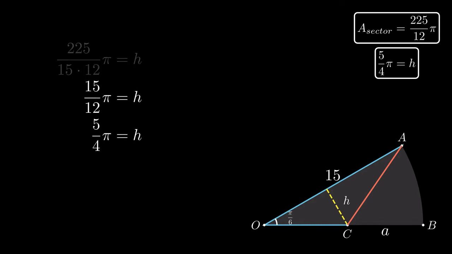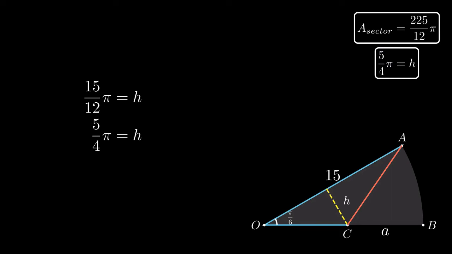Now what? We want to find a, small a. And so what we can do, since we know the height of the triangle, okay, we can look at another triangle, a right triangle there, with this angle pi over 6.